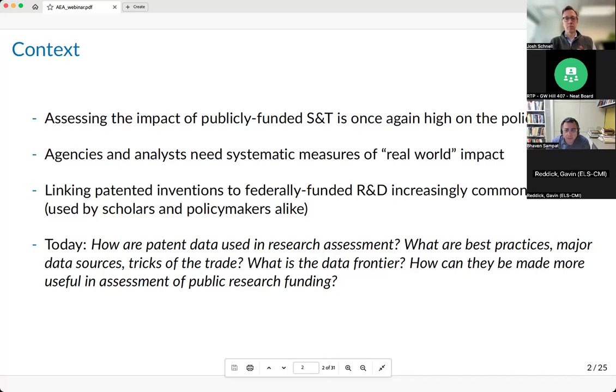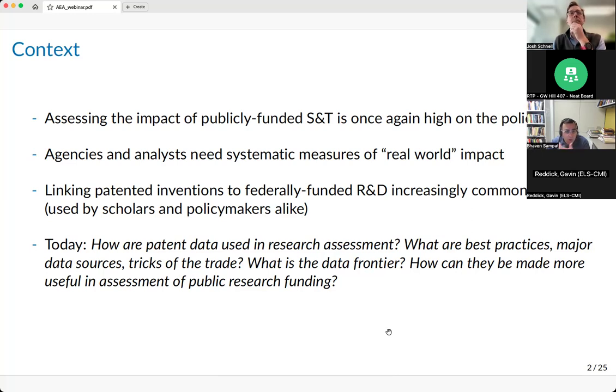But this topic of how you do so, and more generally how you link public funding to impact, has resurfaced recently with the TIP Directorate, ARPA-H, and various other initiatives that seek to promote and evaluate the impact of science and technology investments, not just on scientists or on publications, but on real-world economic outcomes like commercialization and patents and products. And so it's an interesting time to be doing this once again today.